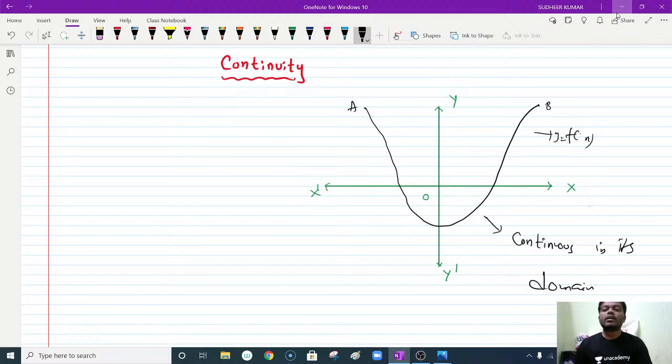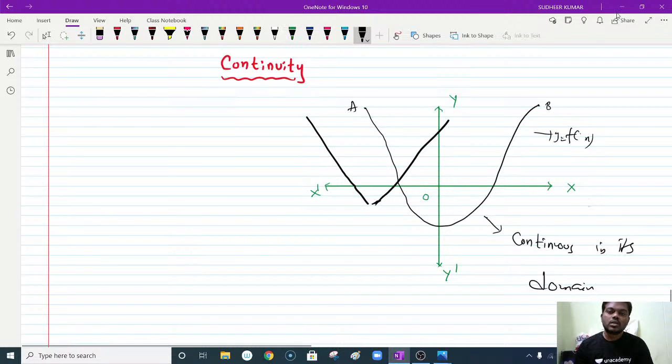Suppose if we take another graph of this function, so if you see this one, I started from C till D.